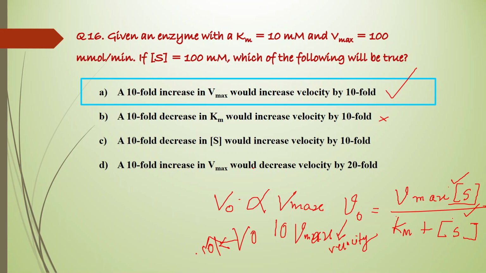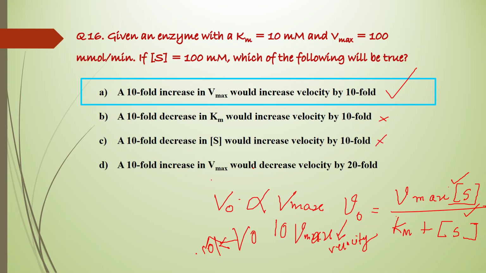And the relationship is not a simple reciprocal. Okay, the relationship is complex. It is in the numerator and also in the denominator. So again, they will not have a simple relationship where you can just increase one by tenfold and another one will also increase or decrease by tenfold. So this is also wrong.